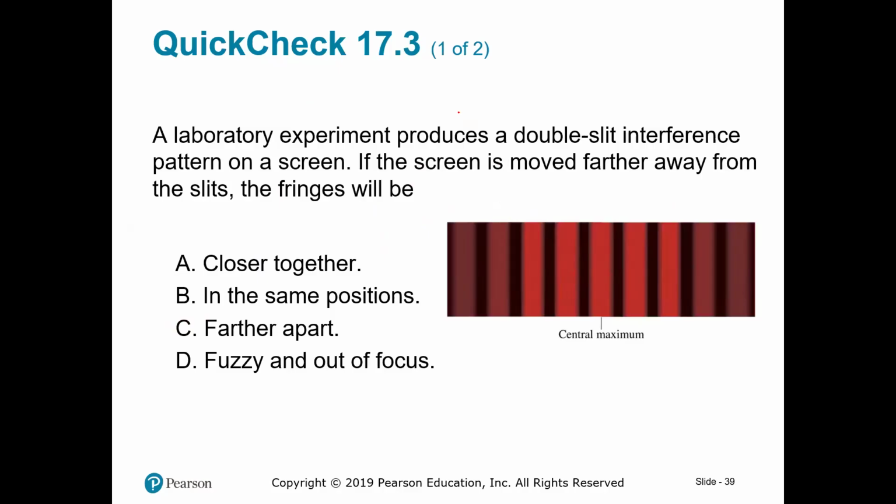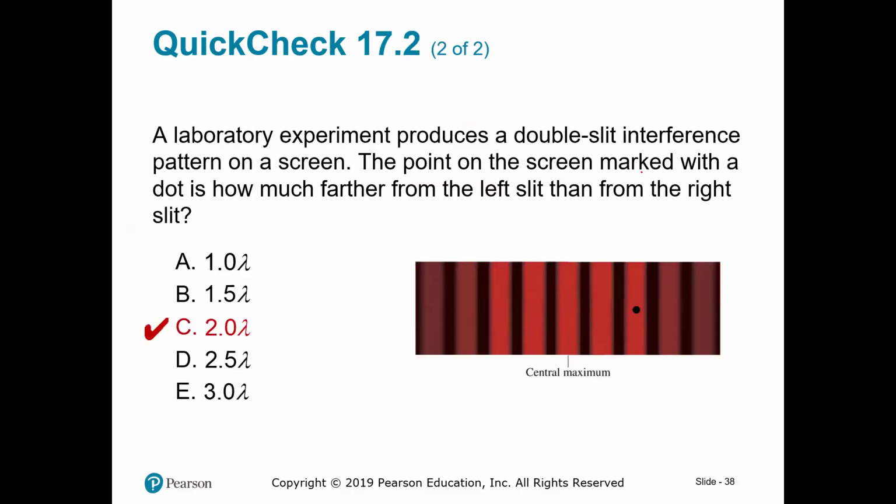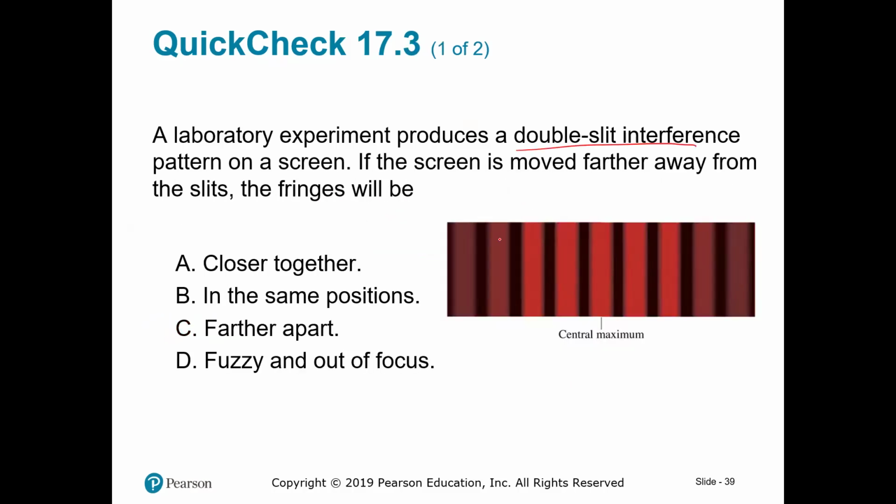And again, an experiment of a double slit interference pattern, right? The screen is moved far away from the slit. So what does that mean? From this equation, you increase the L, right? The screen is moved farther away. The fringes will be farther apart.